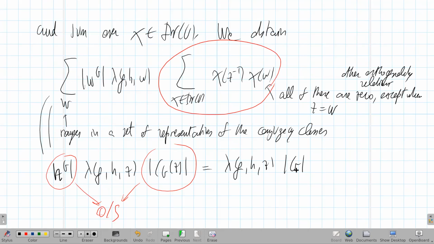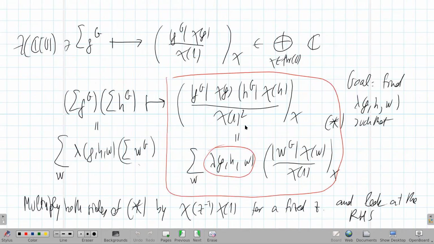What's the left-hand side? Let's look back. Remember what we have done on the right; of course, we have to do it on the left. We have multiplied by chi z inverse chi 1, so one chi 1 will simplify with the chi 1 here, and we will be left with just one chi 1 here.